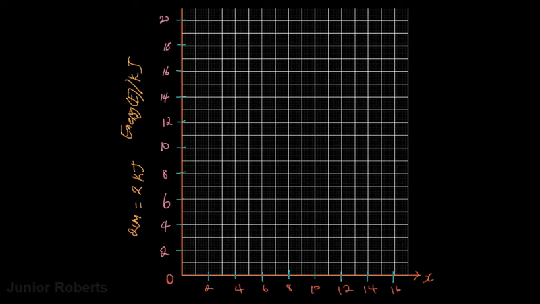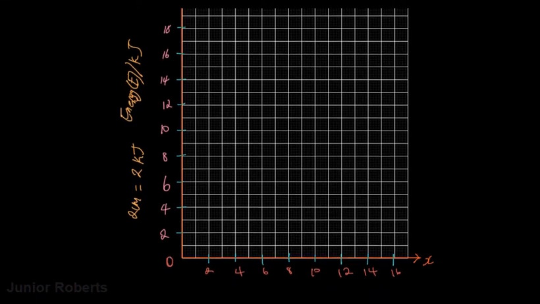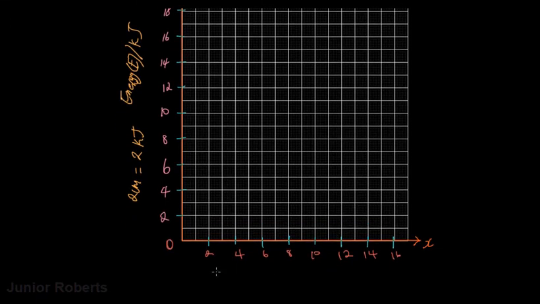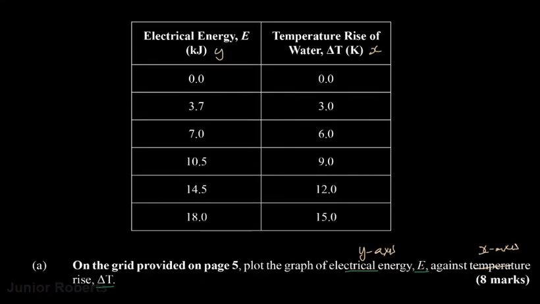For the x-axis we use a scale of 2 centimeters equal to 2 Kelvin, and we're plotting temperature change delta T in Kelvin. Now that we have our 2 axes completely labeled, we can start to plot our points.